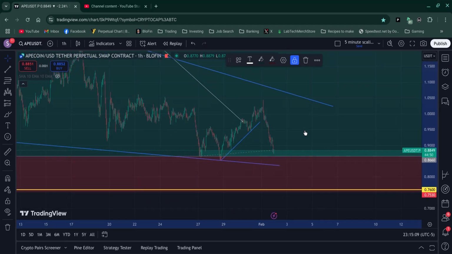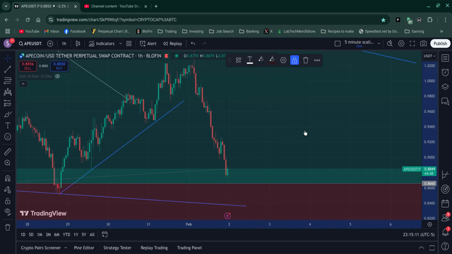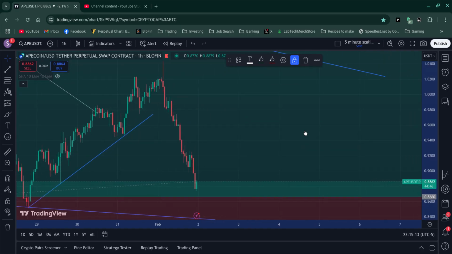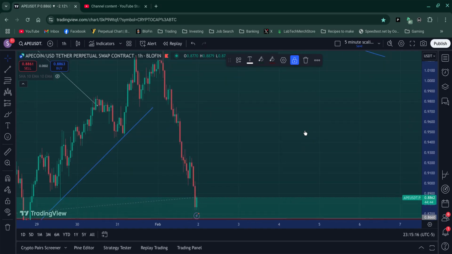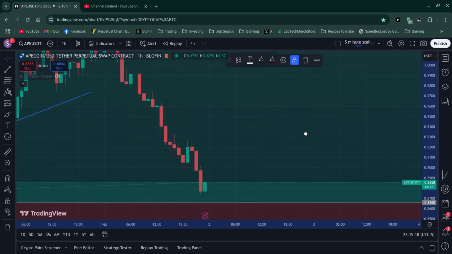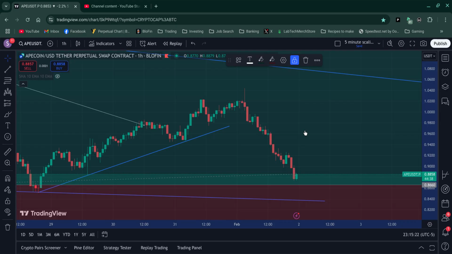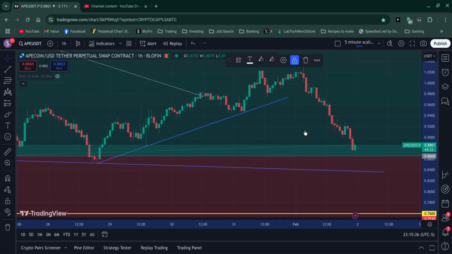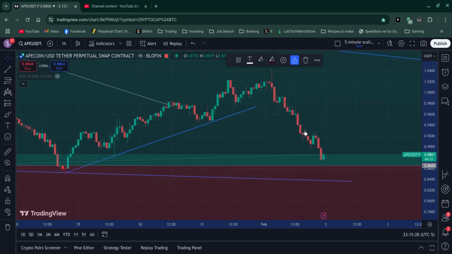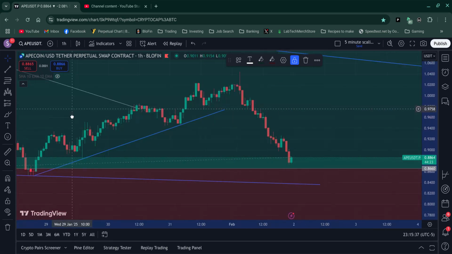In terms of trying to provide a little bit of a setup here for you guys, should you want to try and enter a swing long on this, I could make a recommendation. We may come down and challenge the bottom of this wedge.